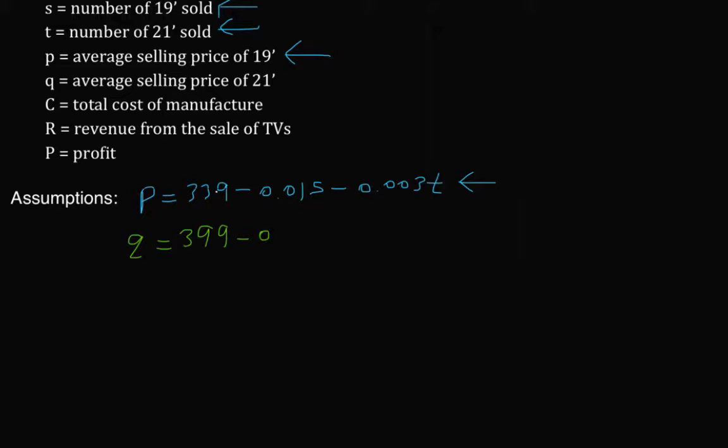Therefore, 0.004 S. I mean, you see this number of 19 sold, therefore multiply by S. And again, same thing, the average price drops by 1 cent for each unit, therefore subtract 0.01 T. T is this one, you know that.